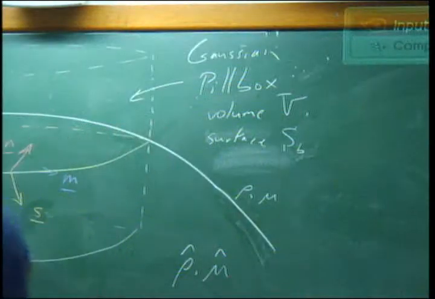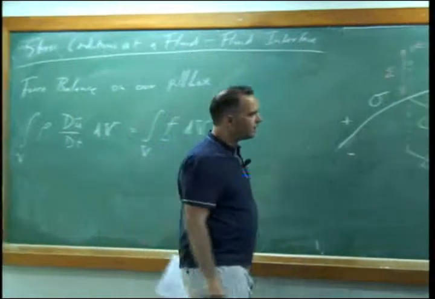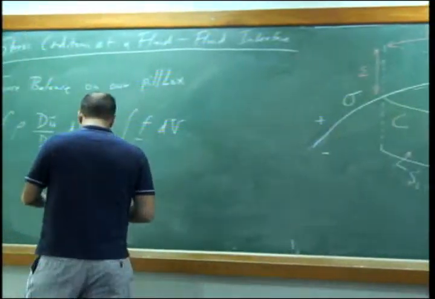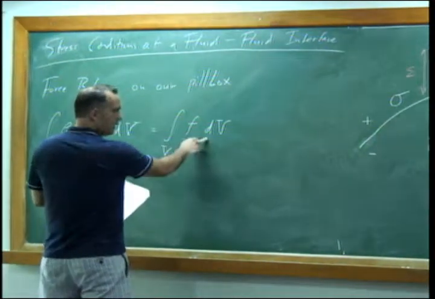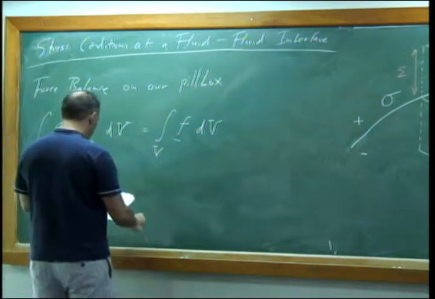Okay? So V is the pillbox, the whole pillbox, and we're saying it has surface SB. Okay, so these are the body forces acting on the fluid elements within V.